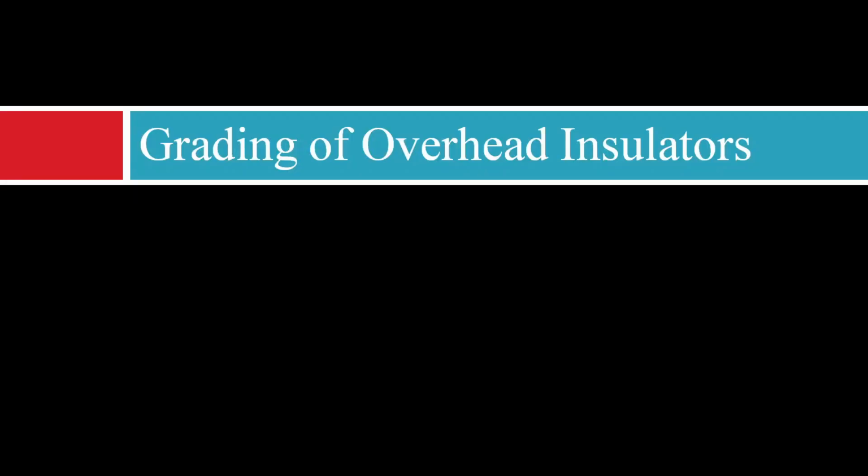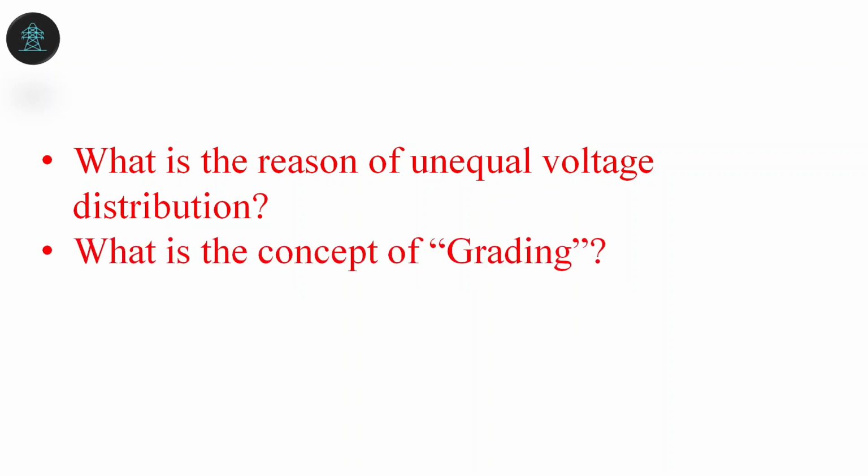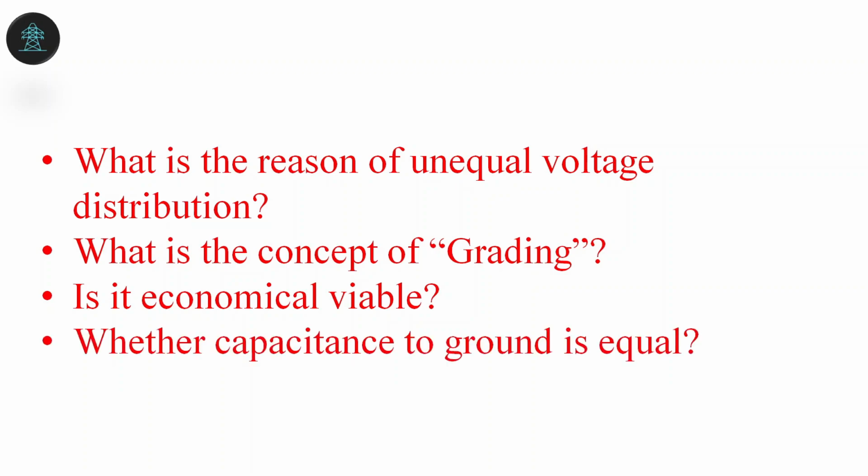Grading of overhead insulators. What is the reason for unequal voltage distribution? What is the concept of grading? Is it economically viable? Is the capacitance to ground equal? Let me reply to the first question. What is the reason for unequal voltage distribution?